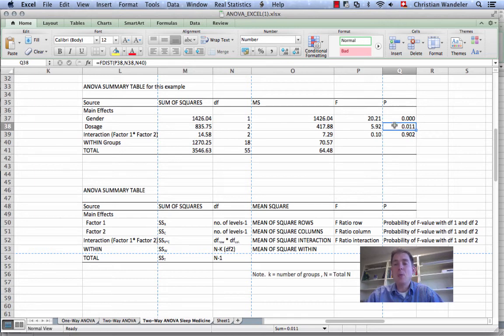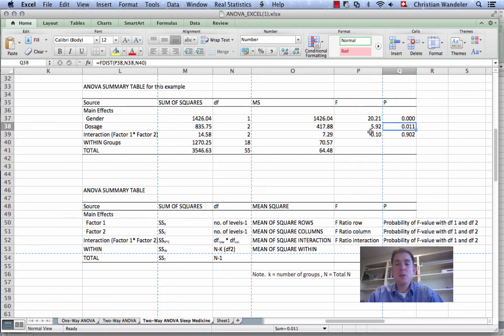If we had set our significance level at 0.01, this dosage level would not be significant, it would barely miss the significance level. Now, in gender, we only have two groups, so you know exactly that the difference can only be between those two, so we know there's a statistically significant difference between the genders.